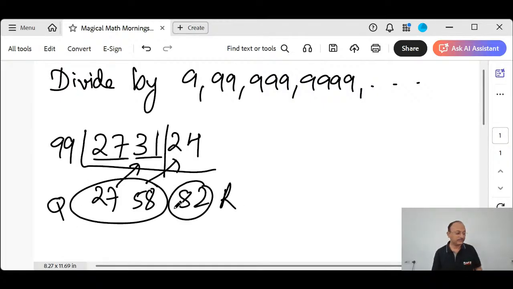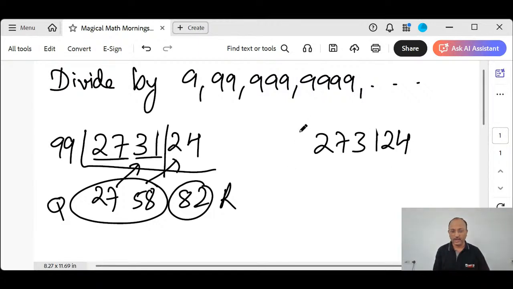Let's check the same thing for a 3-digit number also before going to the carry system. 273124. I want to divide by 999. How many digits are there in 999? There are 3. Therefore, I'll make groups of 3. The last group of 3 will be kept for the remainder.